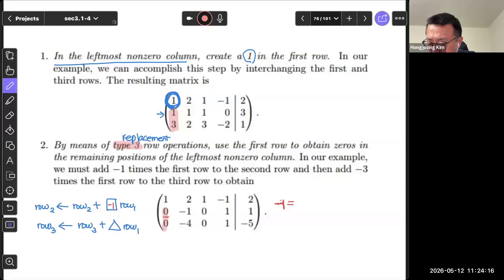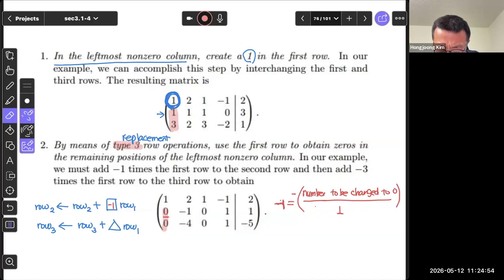And so this negative 1 is the number to be changed to 0, divided by the 1 in the first row, first column, with minus sign.